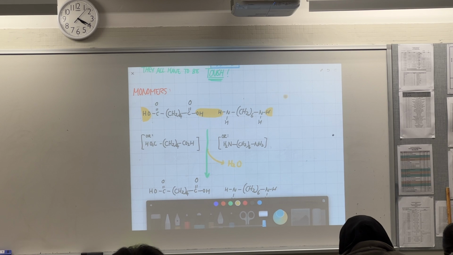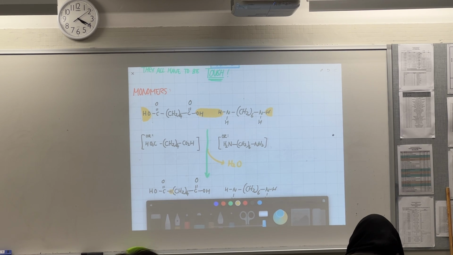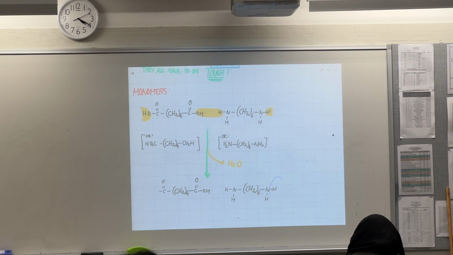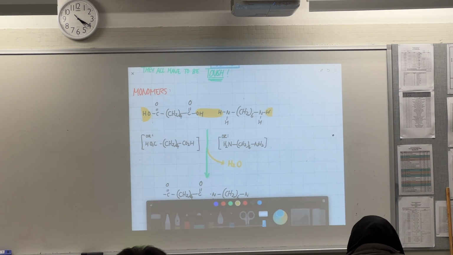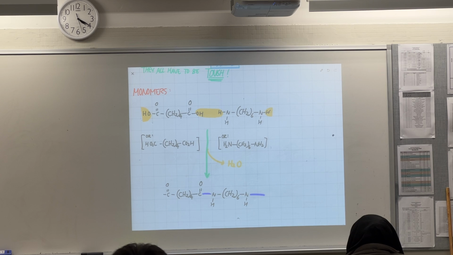So that means they are both gone. And in your structure, you shouldn't show the OH or the H. What do we have in between? Is this an amide or is this an ester? This is an amide, yes, because we have the CON, right? You see CON, so this is the CON. And then you just draw two lines here.